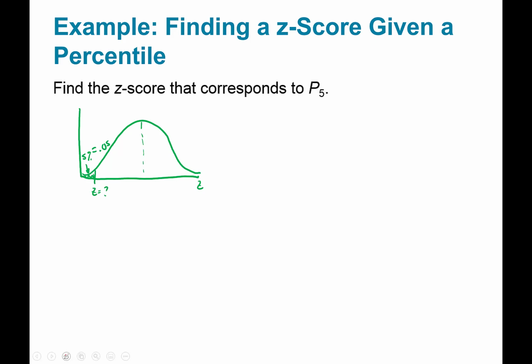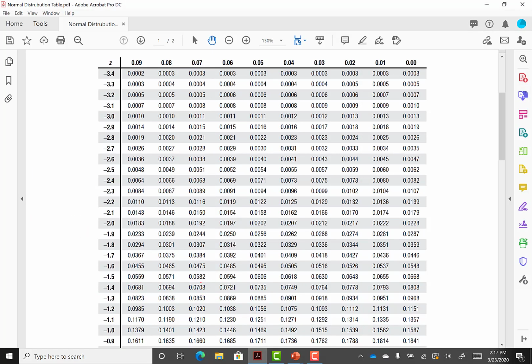So when we do that, we look up 0.05 on our table. And when we look up 0.05 on our table, surprise, surprise, it's not there. So in this case, we have 0.0495 and 0.0505.